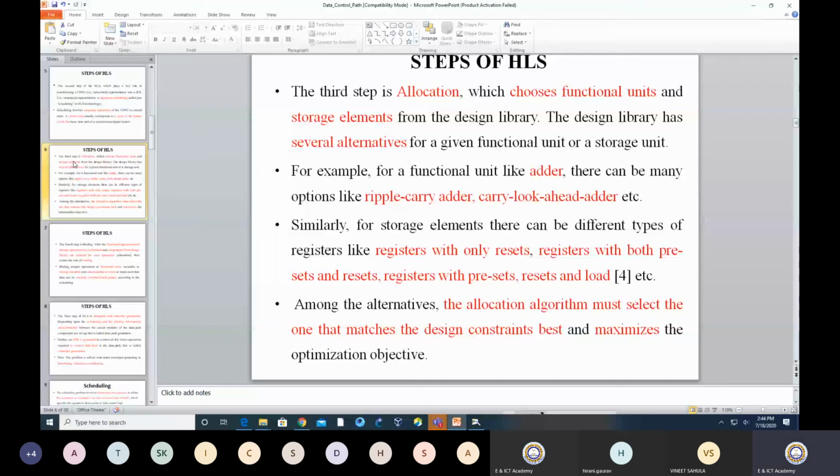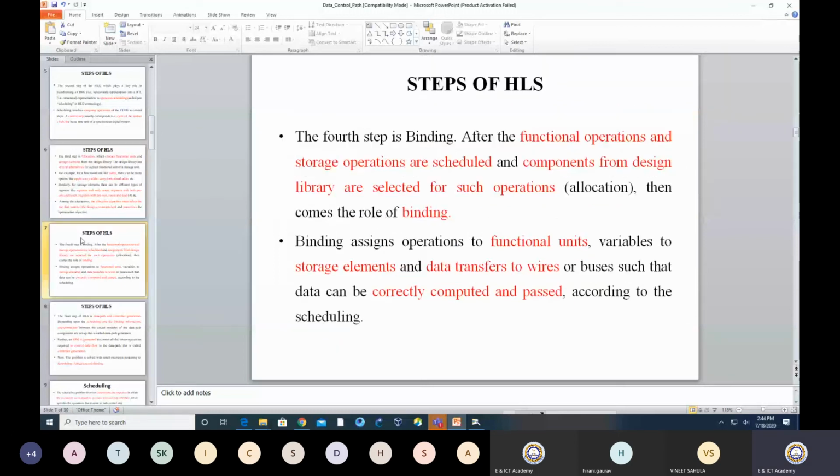Now binding is another step where functional operations and storage operations are scheduled and components from the design library are selected for the allocation. That is the binding. I think we have somewhat discussed this, so I am just going quickly.